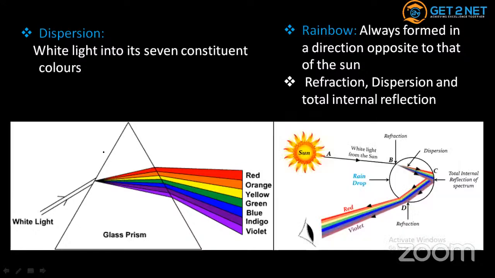So when rainbow is formed, rainbow is also an application of dispersion.